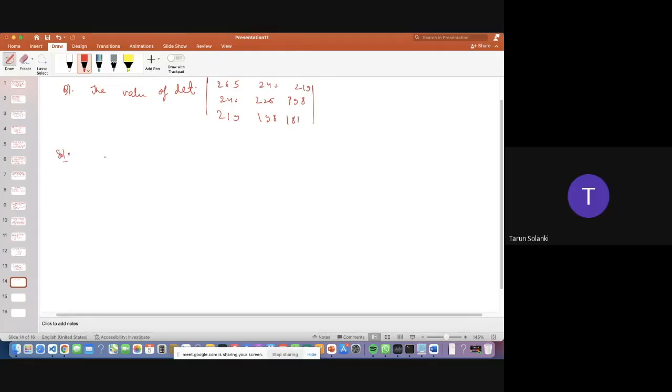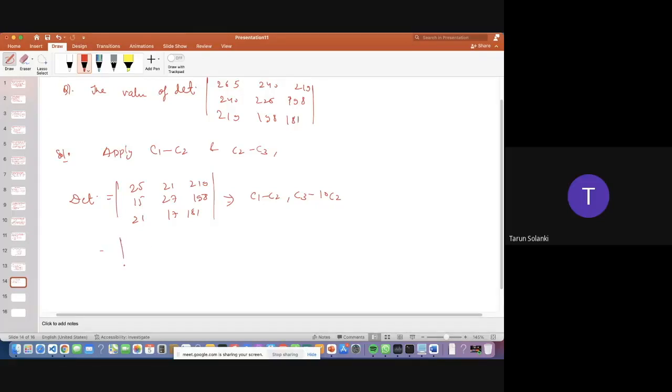So solving first, apply C1 minus C2 and C2 minus C3. So we will get the determinant equal to 25, 21, 219, 15, 27, 198, 21, 17, 181. Now C1 minus C2, C3 minus 10 C2.